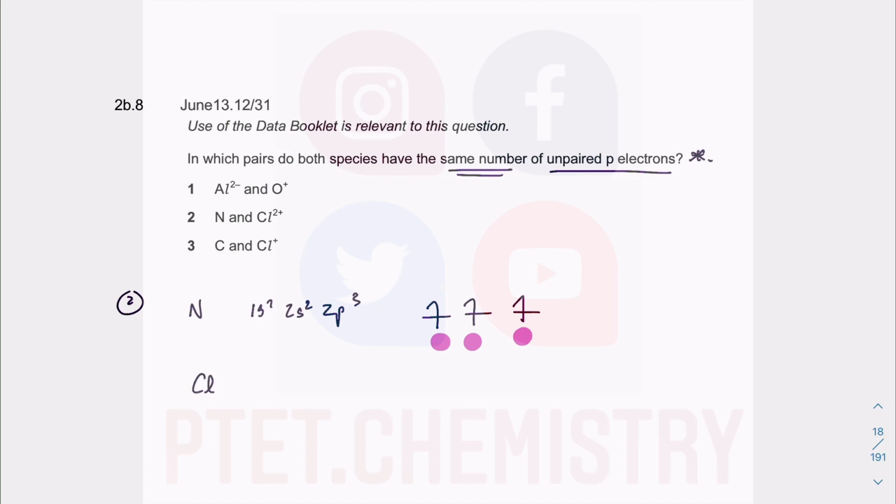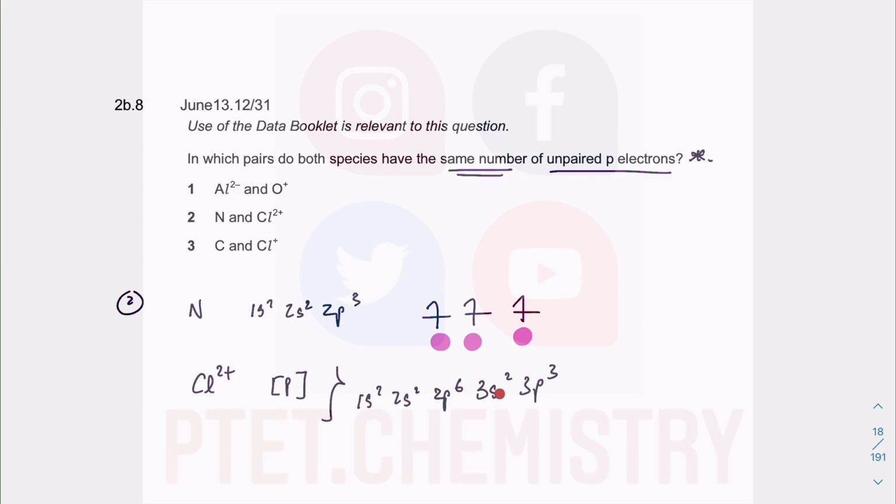Your Cl2 plus, your chlorine atom loses 2 electrons. So you're group 17, and then you lose 2 electrons. You're going to look like group 15, so you're going to look like a phosphorus atom. That will be 1s2, 2s2, 2p6, 3s2, 3p3.